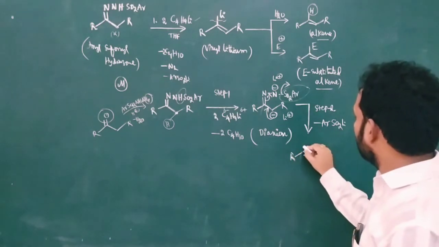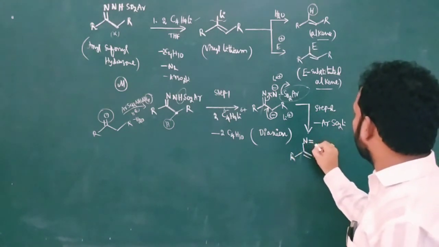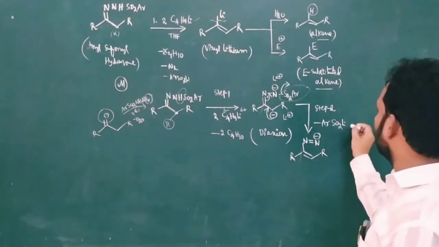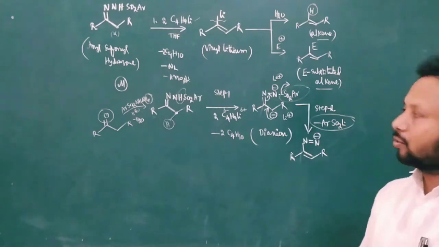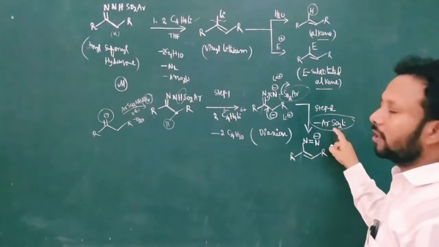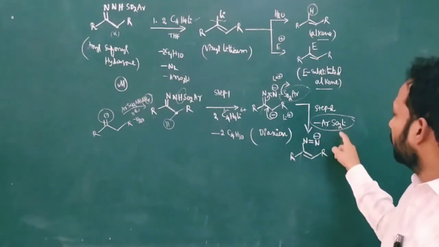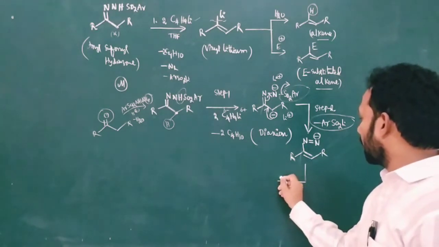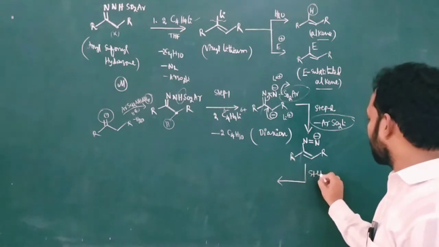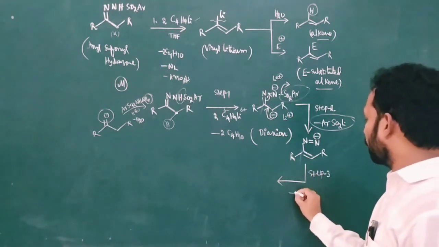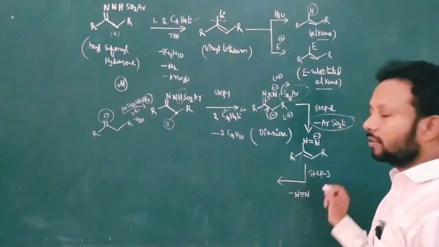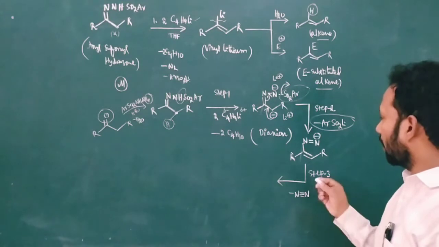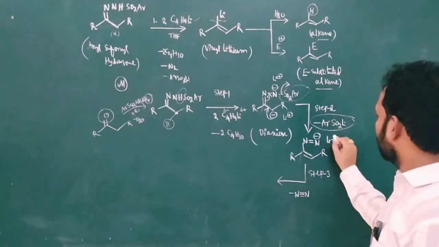So a new intermediate product is formed, called an anionic compound, an azo anion compound. This anion compound is further involved in step 3. In this step, this anion compound loses nitrogen, or eliminates a nitrogen molecule, very easily.